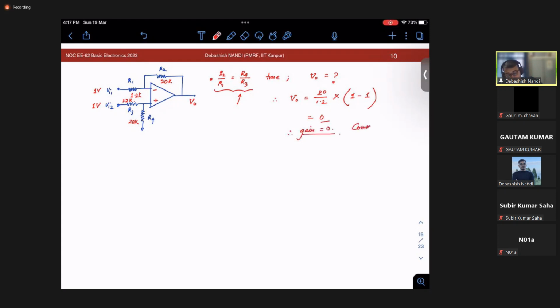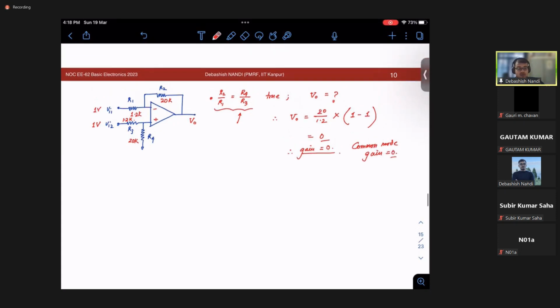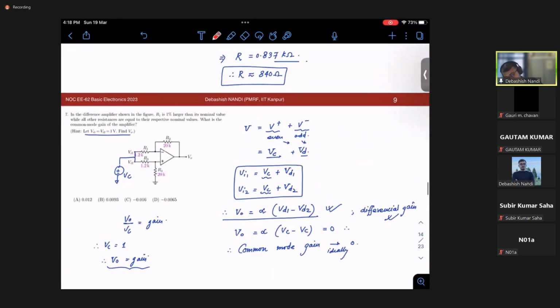If you read the question carefully, they have asked that in the difference amplifier shown in the figure, R1 is 1% larger than its nominal value, while all other resistances are equal to their respective nominal values. What does that mean? That means this condition is no more valid, right?